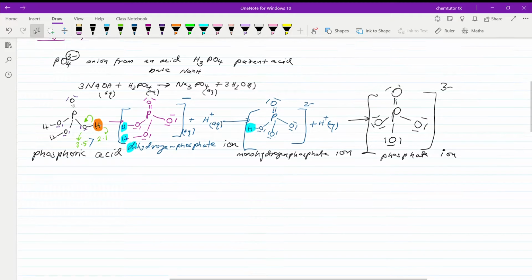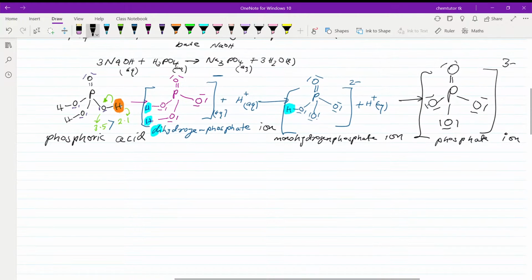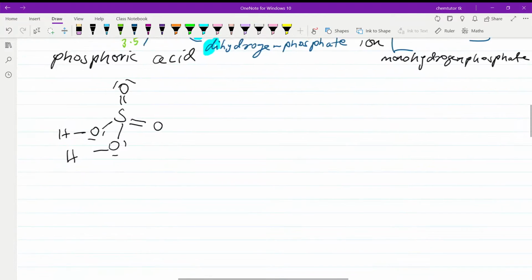Now, from the phosphoric acid, we can derive many. Now, if I change this one to sulfur, this is sulfate, or sorry, sulfuric acid. See, sulfuric acid. Sulfuric acid. So look at their derivatives.